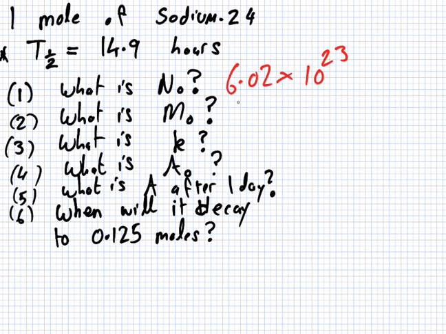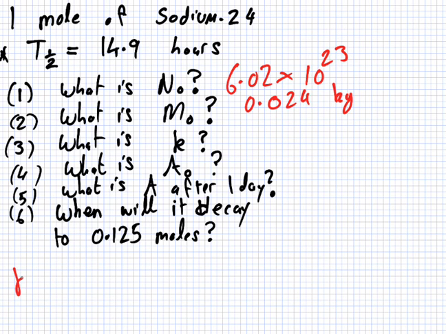You have 1 mole of sodium, which means you have an Avogadro number's worth of sodium. So this is how much sodium we have. What is the mass? 24 grams. So if I keep it in kilograms now, that would be 0.024 kilograms.